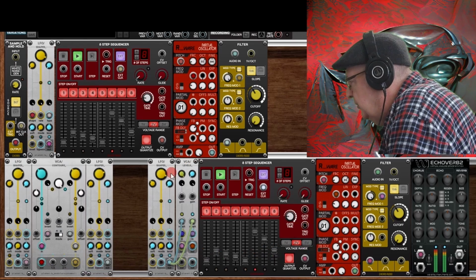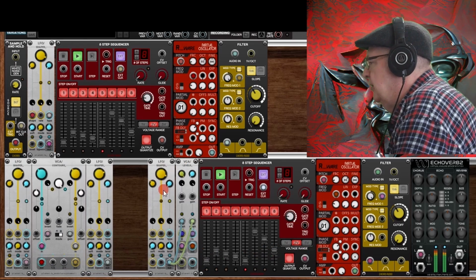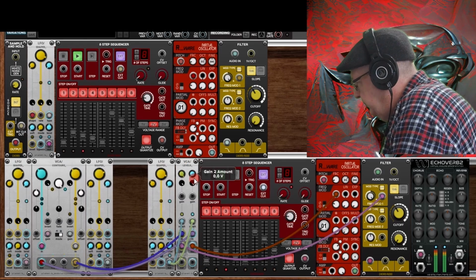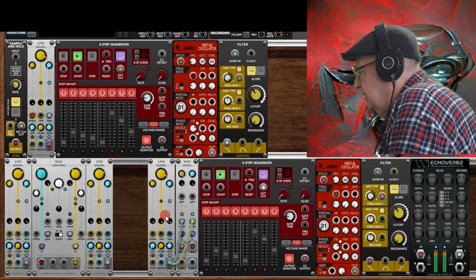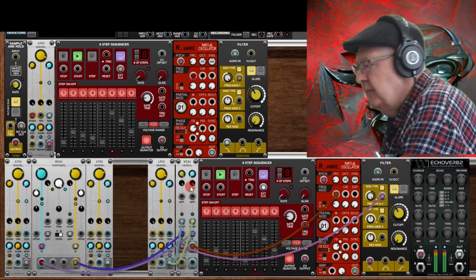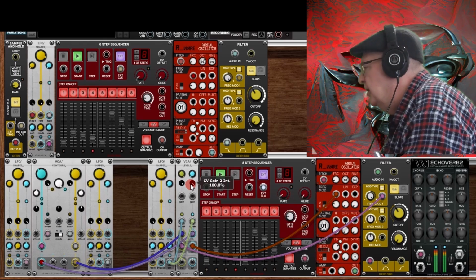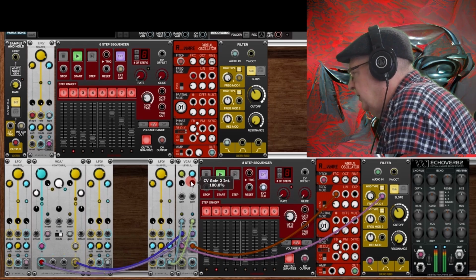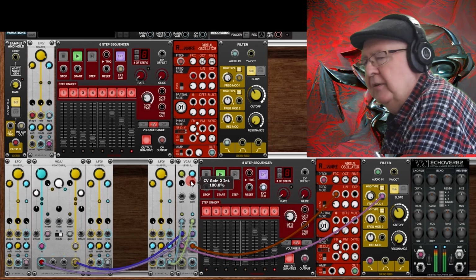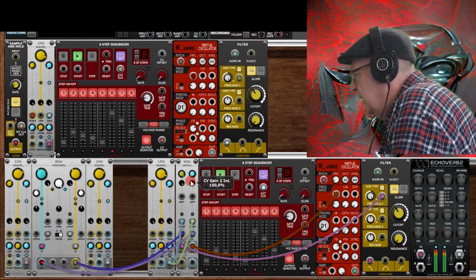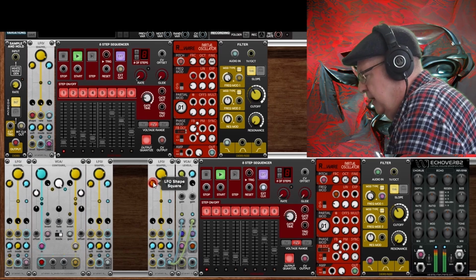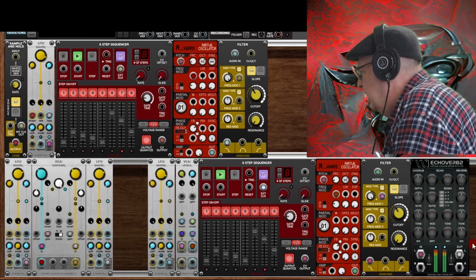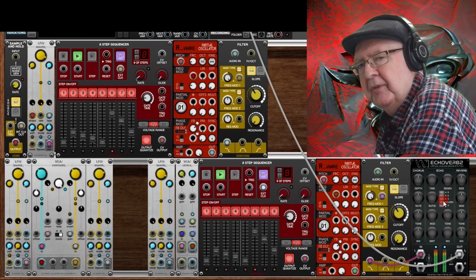The LFO here on the left side of the VCA levels module inverts the modulations with the modulation CV, which is sent through the VCA levels. You see, I have chosen the square wave to do so. And the echo verb is just rounding up the sound a bit.